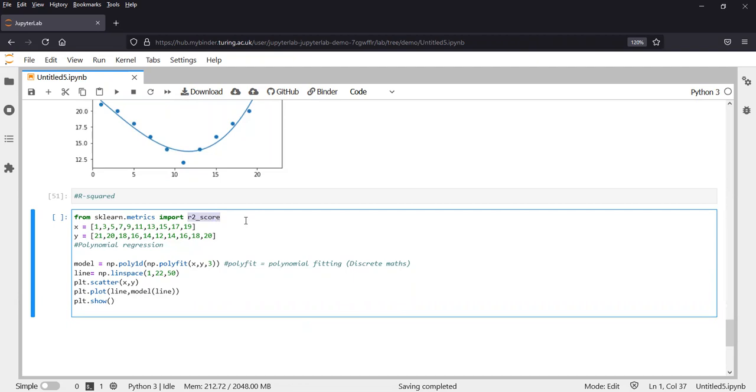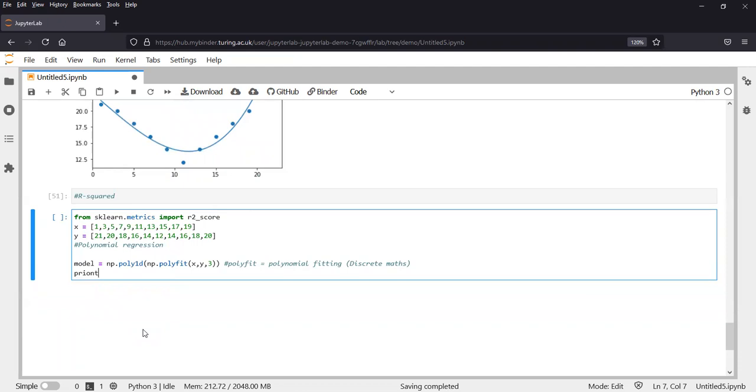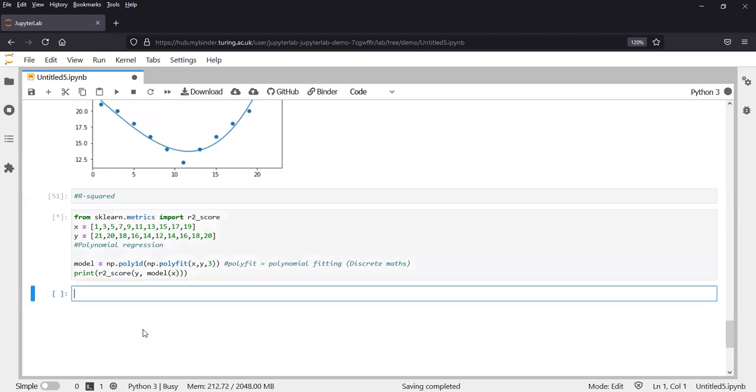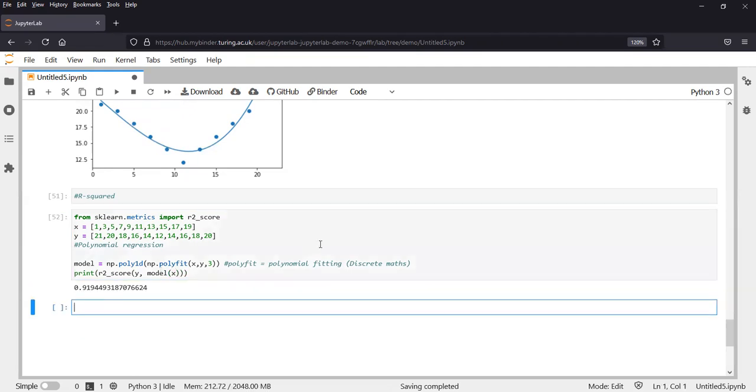Okay, so here we will print r2_score of y versus model of x. Yeah, let's see. Let me explain.